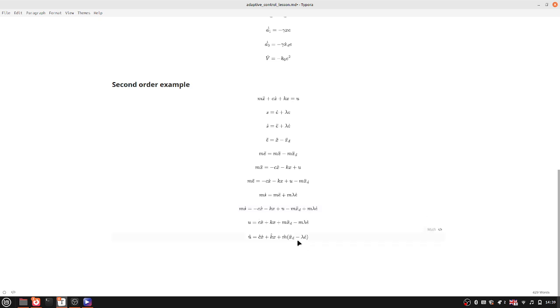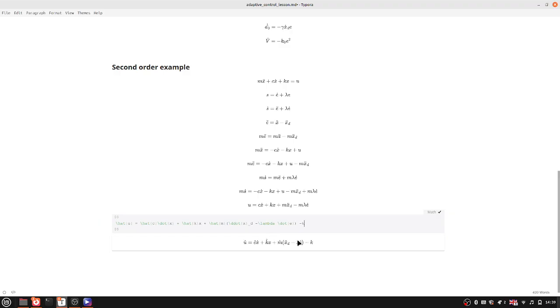So like I did for the first order, I added minus K0 E, but we're not working with E anymore. We're working with our sliding surface S. So minus K0 S is fine. I could add more terms. I could do K1 S dot and so on, but I'm not going to. You're welcome to, and it won't change your answer, and you can still prove asymptotic stability, but for now K0 S is okay.